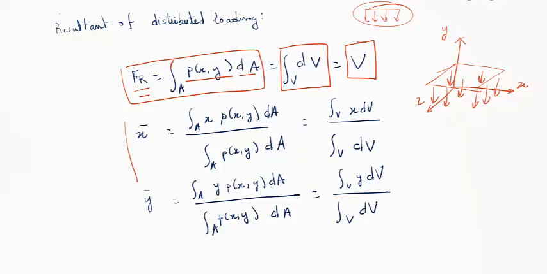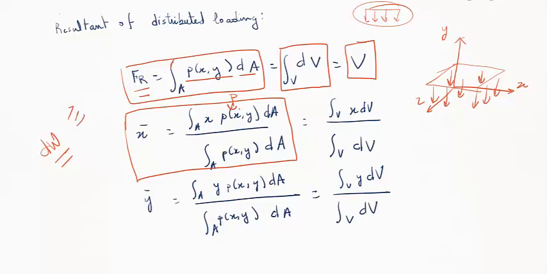Now the same thing as before. If we want to get x bar, notice how we just changed. Instead of dw we have p. So it's the integral of x p over the integral of p dA, the area.